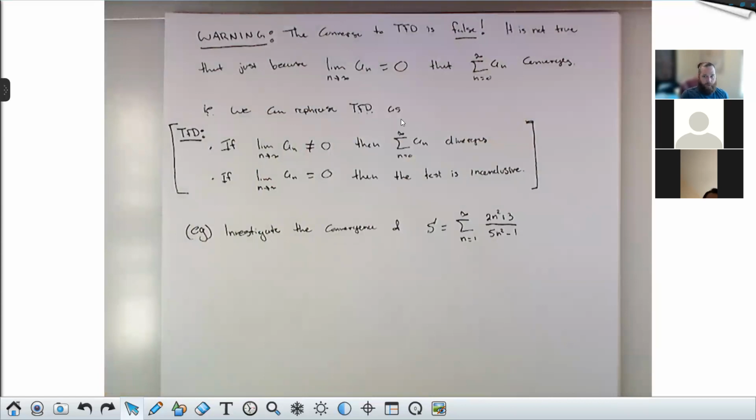If we wanted to, we could write out the first few terms of this series. We could try to find the first few partial sums and ask ourselves, are those partial sums getting closer and closer to something? But this is a good first example of what we're going to do most of the time with infinite series, where instead of working directly with the series, we do something with the a_n on their own to infer something about the series. And specifically, I'm going to apply this theorem.